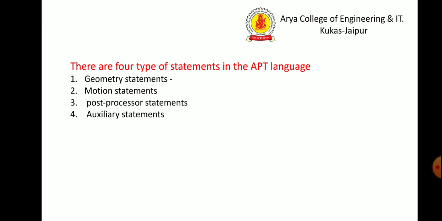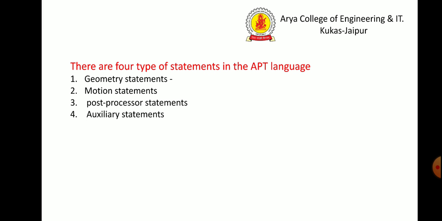There are four types of statements in APT language. First, geometry statements. These define the geometric elements that comprise the work part. They are also sometimes called definition statements. Second, motion statements. These are used to describe the path taken by the cutting tool.